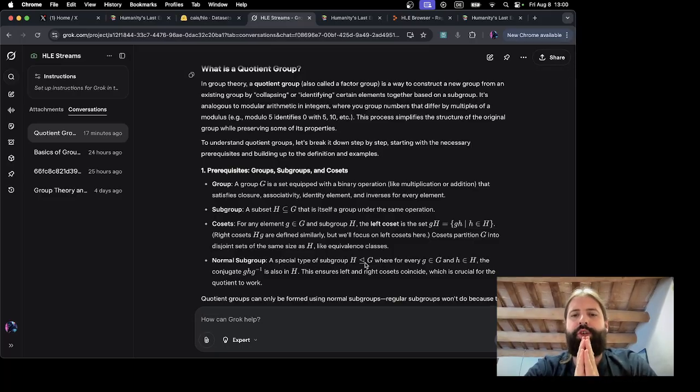So for an element g in group G, and a given subgroup H, the left coset is the set of all gh elements where h belongs to H. Oh, okay, yes.